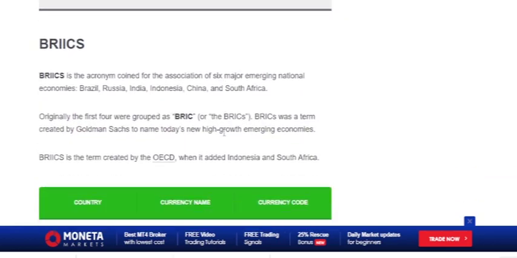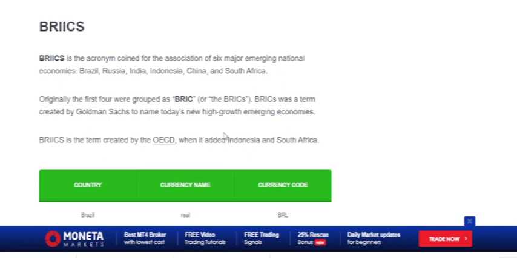BRICS. BRICS is the acronym coined for the association of major emerging national economies: Brazil, Russia, India, Indonesia, China, and South Africa. Originally the first four were grouped as BRIC.